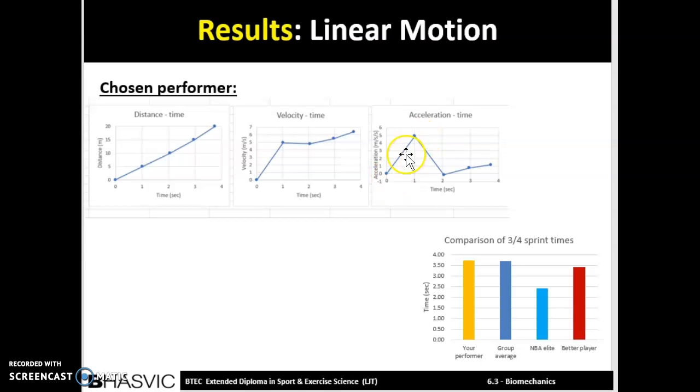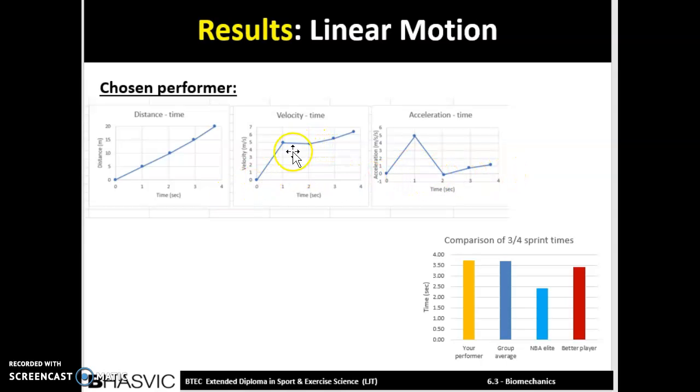In this first second, they accelerate quickly to 5 meters per second squared, and then in this next second, they're not actually accelerating because they're traveling at a constant speed. And then in these last few seconds of running, they're accelerating once again, even quicker, and their velocity is increasing.